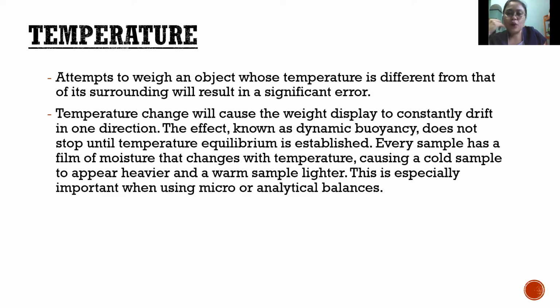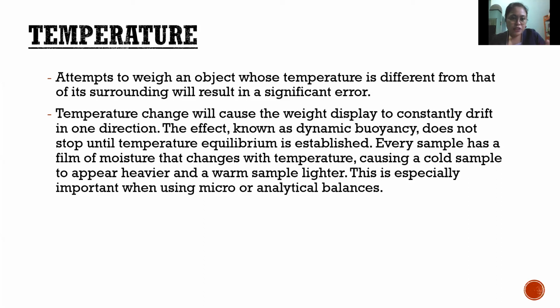Okay? So, our sample has a film of moisture that changes with temperature. If the temperature goes up or down, the film of moisture will also change, and that will cause the variation. What you should remember is, when the temperature is cold, actually the weight will be heavier. So you should write that in your observation. In the activity, I have given the procedure, I have given the results, all you need to write is your observation.